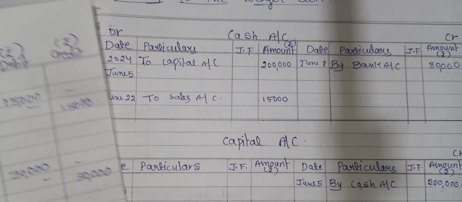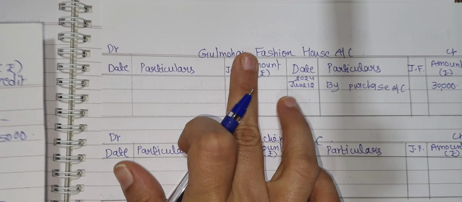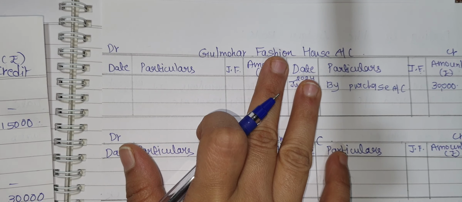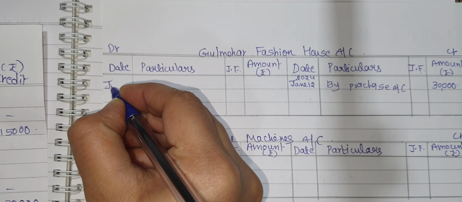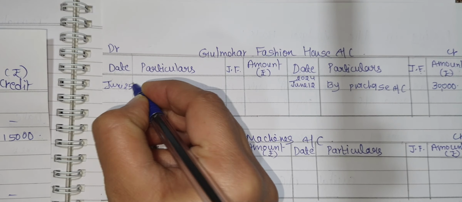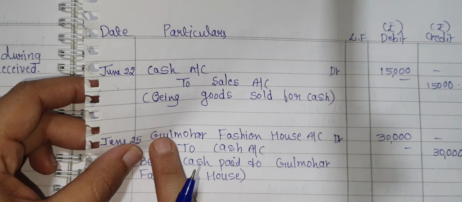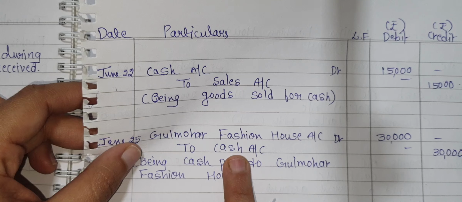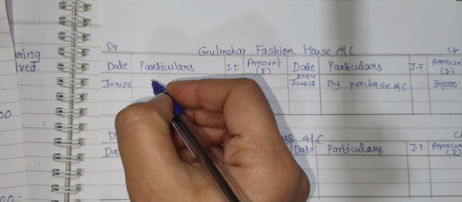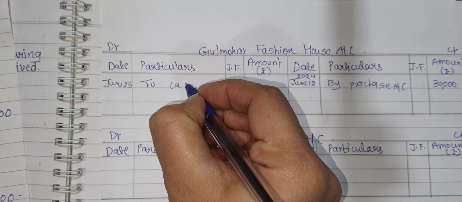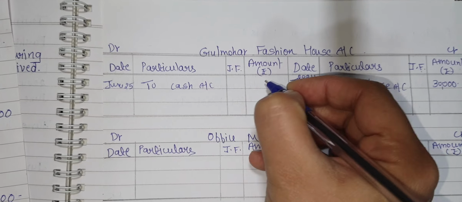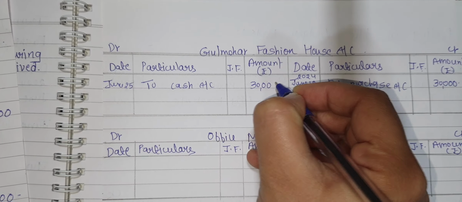Come to the debit side of Gulmohar Fashion House account, that is on June 25th, and write down the opposite entry, that is to cash account, that is rupees 30,000.